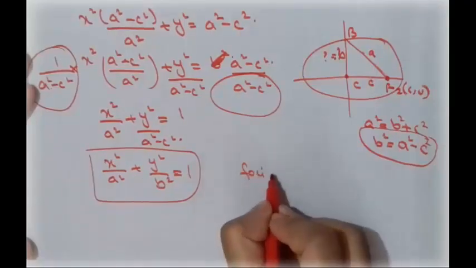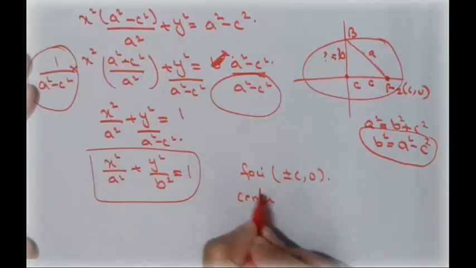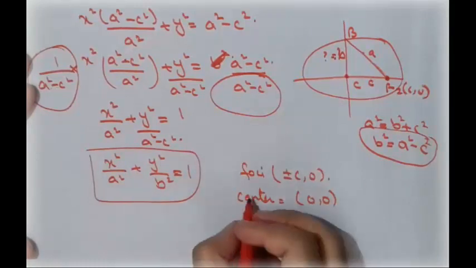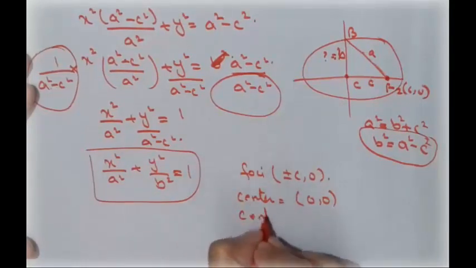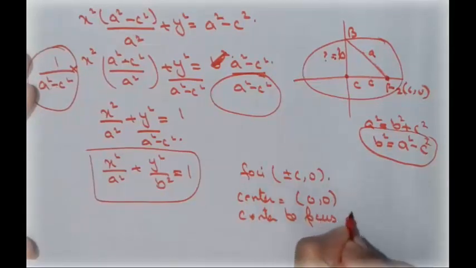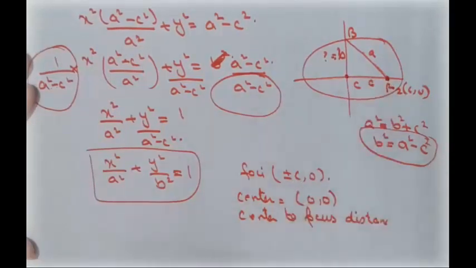Foci, in that case, are plus minus c, 0. We have to find the center, which is 0, 0, meaning the center is at the origin. We also find the center to focus distance, as we say that the distance of the center and focus is c.